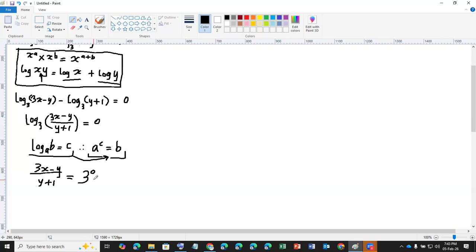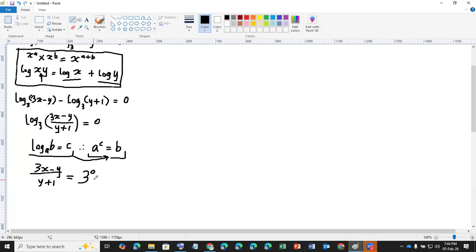The logarithm of that whole thing, base 3, is 0. You understand it up to that point, right? Yes, sir. All right.